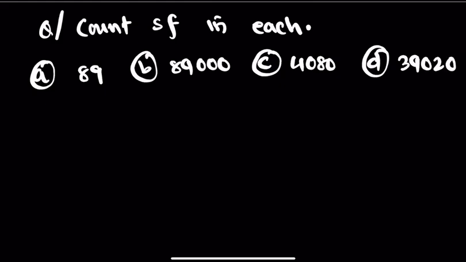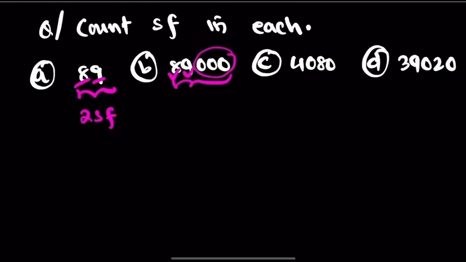How many significant figures are there in this 89? Since this is a whole number, count both the non-zero digits 1, 2. So this has two significant figures. This is a whole number, and we know that these three zeros which are after the last non-zero digit will not be counted as significant. So this is only 1, 2, two significant figures.